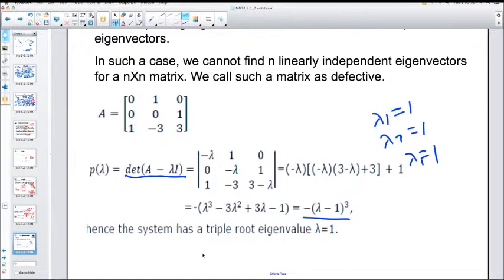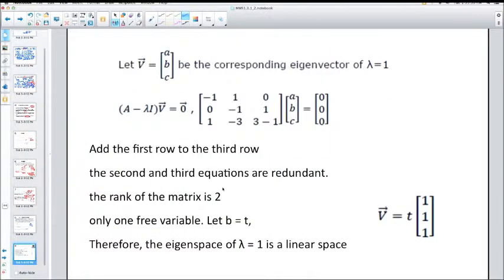How much you can have? Let's just try to find the eigenvector. Replace this by negative 1, negative 1. The number equal 1 because it's 0 minus lambda. That's 3 negative 1. And assume the eigenvector is A, B, C. The rank of the matrix is 2.